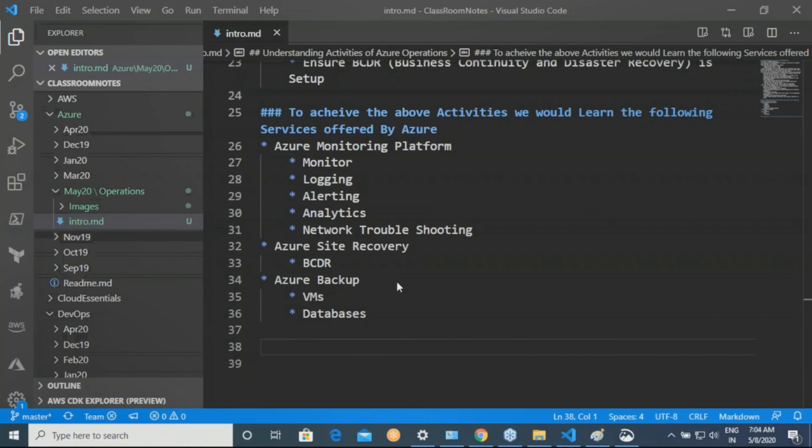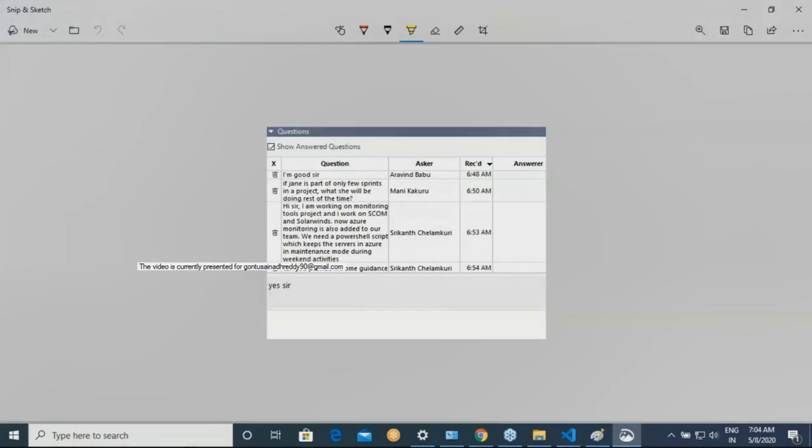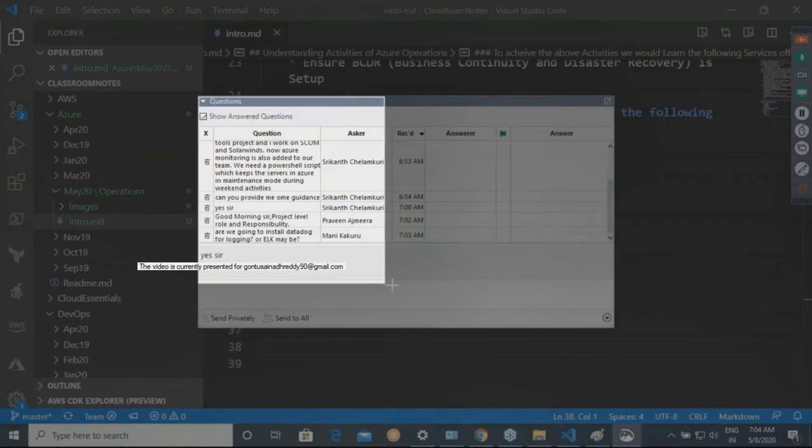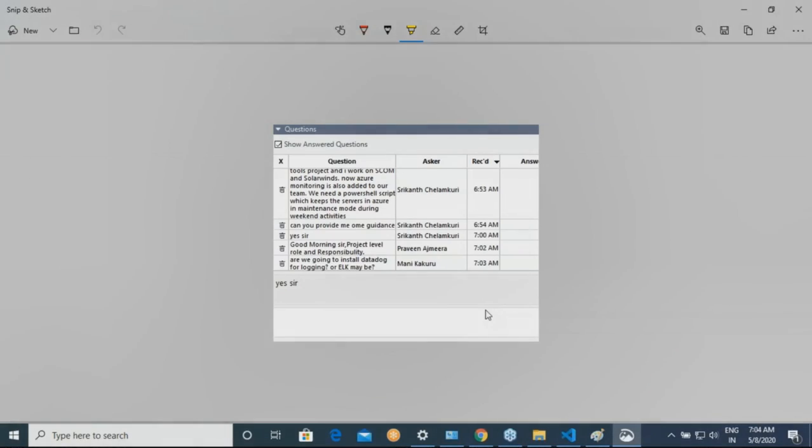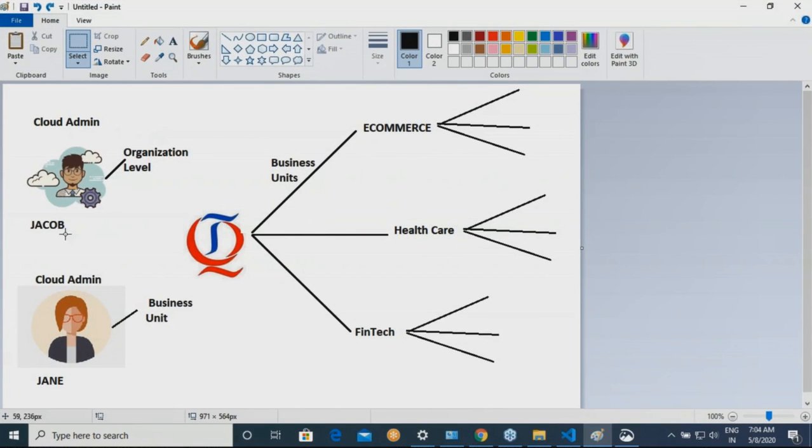Now we will be using Azure stuff. When I say Azure, I am not interested in any other third party. All of the solutions which I speak of are completely from Microsoft. So I don't want to discuss any other stuff. Whatever is offered by Microsoft, that is what we'll be speaking of. And understand one thing: in some organizations, the organization level role of Jacob and Jane's role might not be two different people, might be the same person.